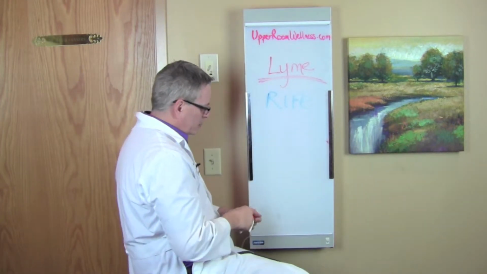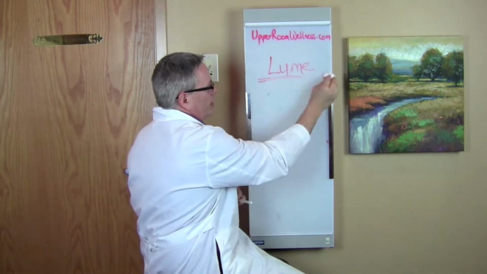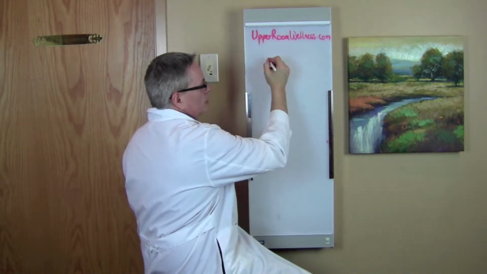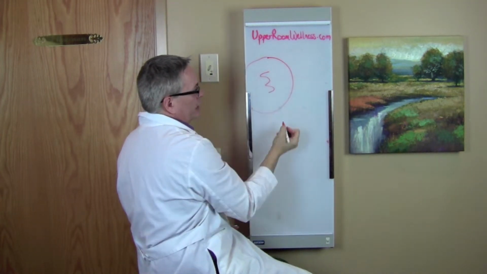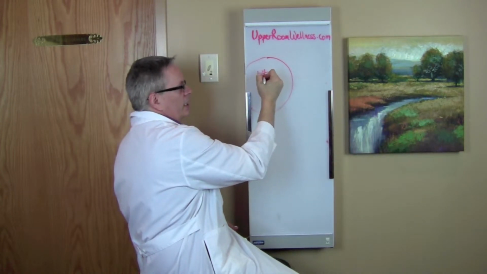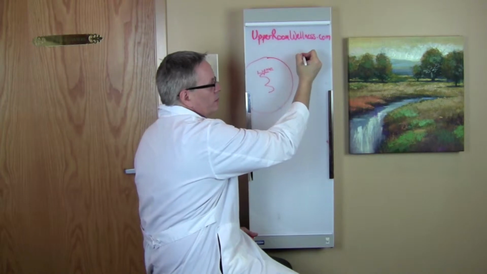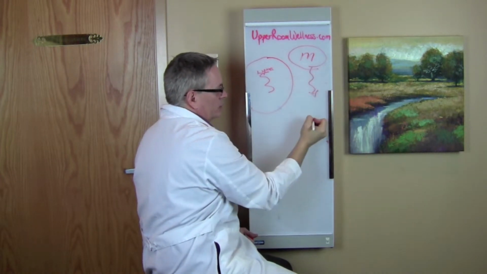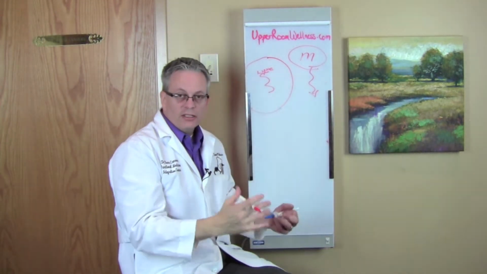So let's put it in pictorial terms here. So let's make a picture of this. So we have chronic Lyme and a pathogen. So here's my tissue cell, part of a tissue cell. And I have a spirochete, this Lyme disease, living in my tissue cell. My immune system, here's a macrophage out here, circulating around my bloodstream, trying to find the pathogen and trying to kill it.